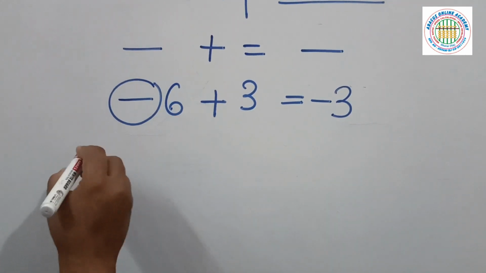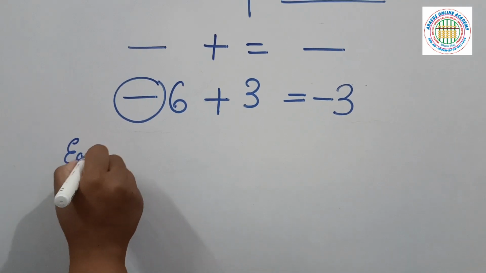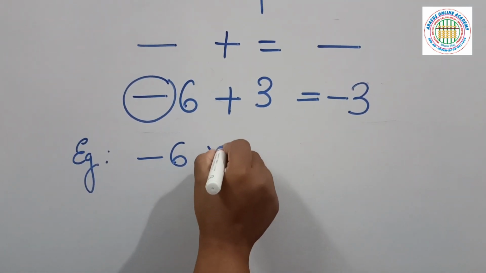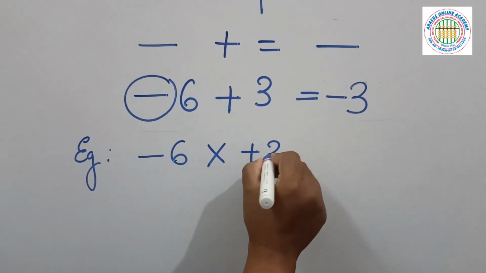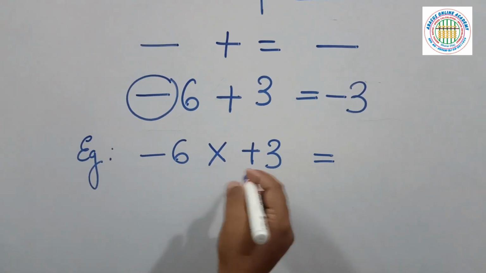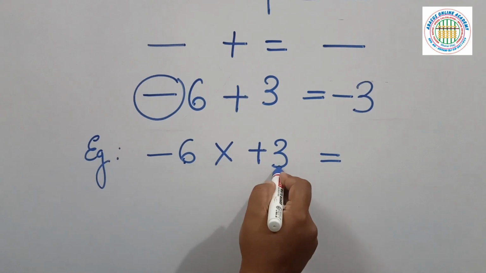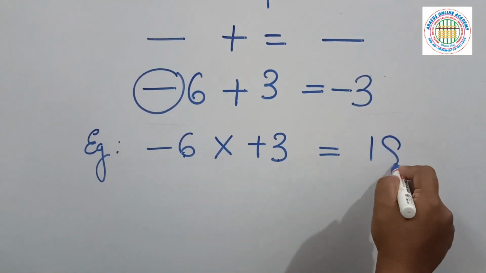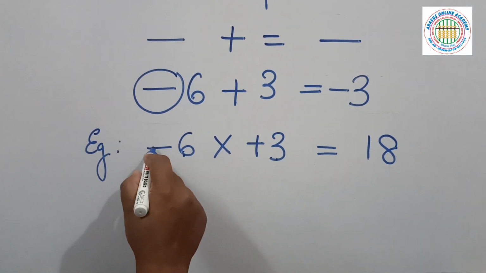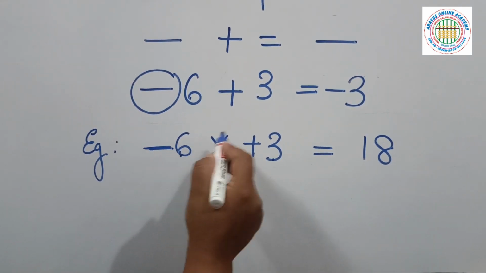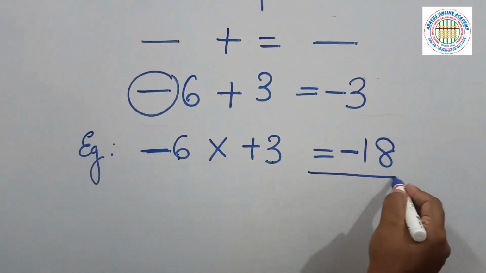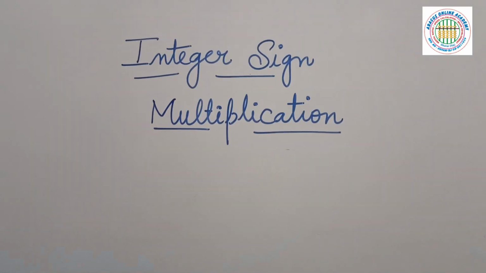Now let's see the same thing with multiplication, that is the same numbers, minus 6 multiplied by plus 3. Now what do you do? Multiply: 6 times 3 is 18. Now what will you do? Greater sign? No, you will add the minus sign. So the answer is minus 18.